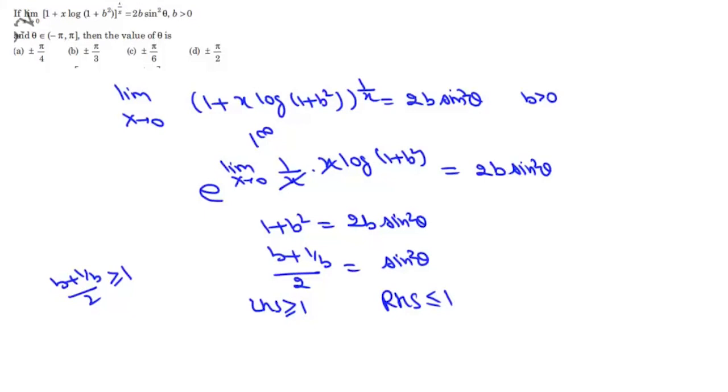So the only case where the left hand side can be equal to the right hand side is when both of them are 1. And if both of them are 1, then the value of b is 1 and sine square theta equals 1 means theta is plus or minus pi by 2. That means this option D is correct.